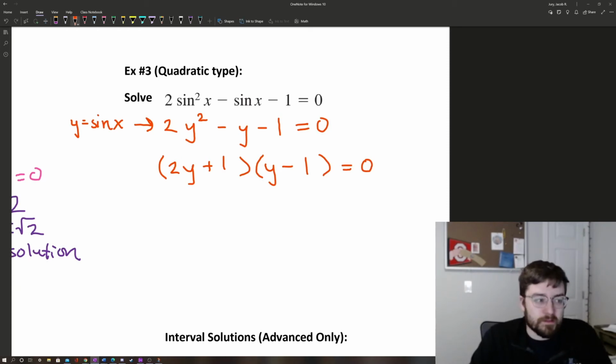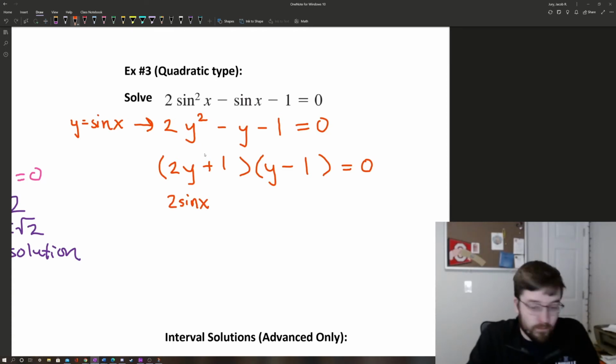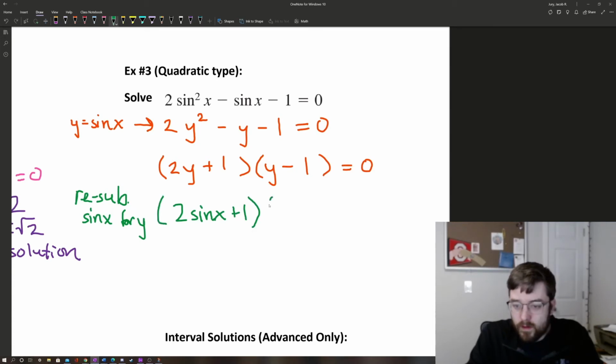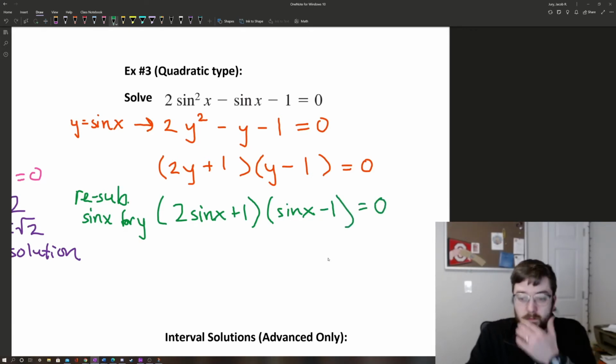So this looks really weird right now, but if we can put our sine of x back into this, so if we re-substitute sine x for y, then we'll get 2 sine x plus 1, and then sine x minus 1 equals 0.